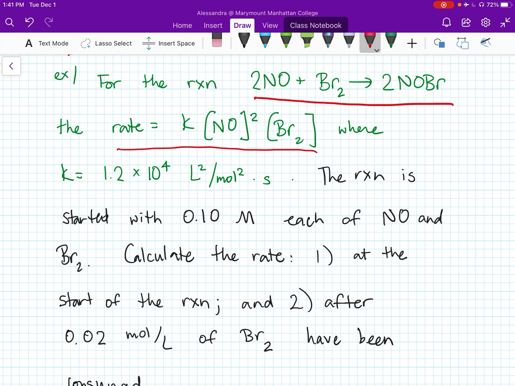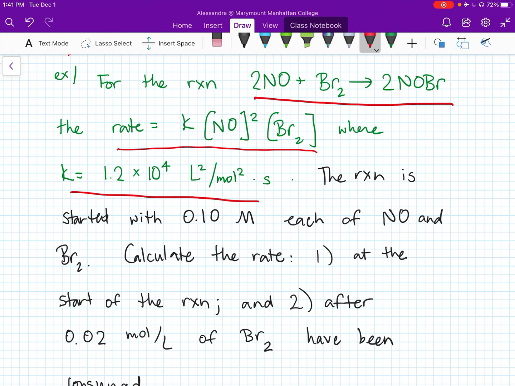So it's second order in NO and first order in bromine. And we also determined that the rate constant was 1.2 times 10 to the 4 liters squared per mole squared second. So I suggest that you go back to the previous lecture video and watch that one again so you know how we determined that rate law and how we calculated that rate constant.